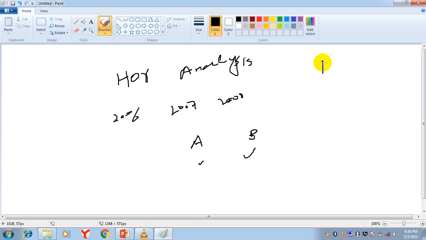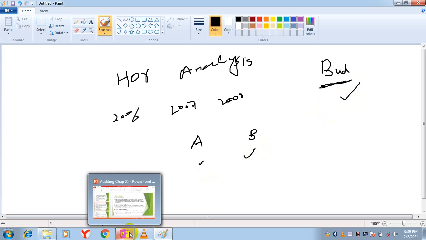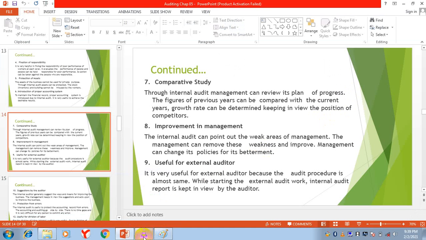You set a budget and you compare your performance with the budgeted performance, whether you have achieved the budgeted performance or not. You made an estimate that my sale will be this much. So you will check your performance with the budgeted performance. So in this way, you can compare your performance with your past performance.